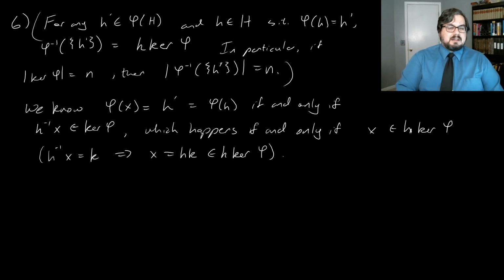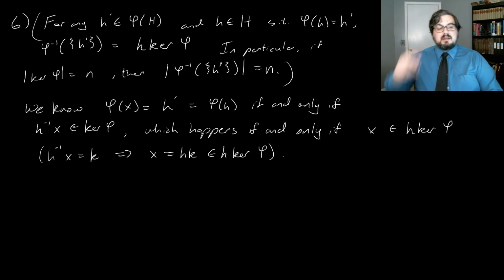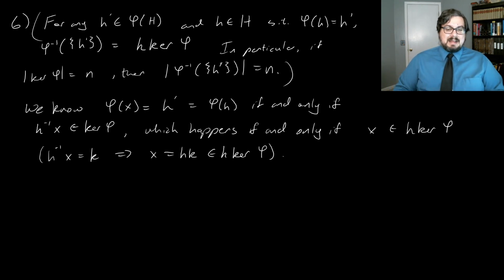So that tells us that the preimage of any element is a coset of the kernel, and the coset of the kernel is, of course, represented by any of its elements.